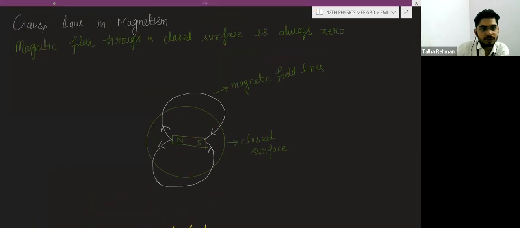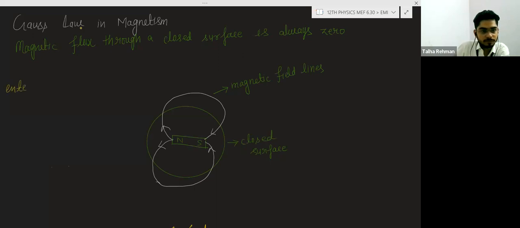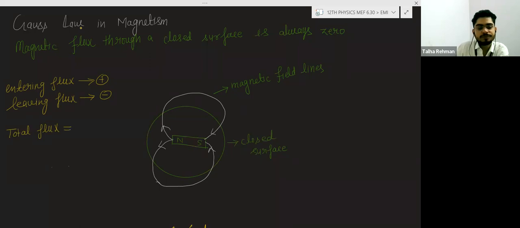So I am writing here, entering flux if you take positive, leaving flux you take negative, then total flux is equal to, suppose your entering flux is phi 1, your leaving flux is phi 2.